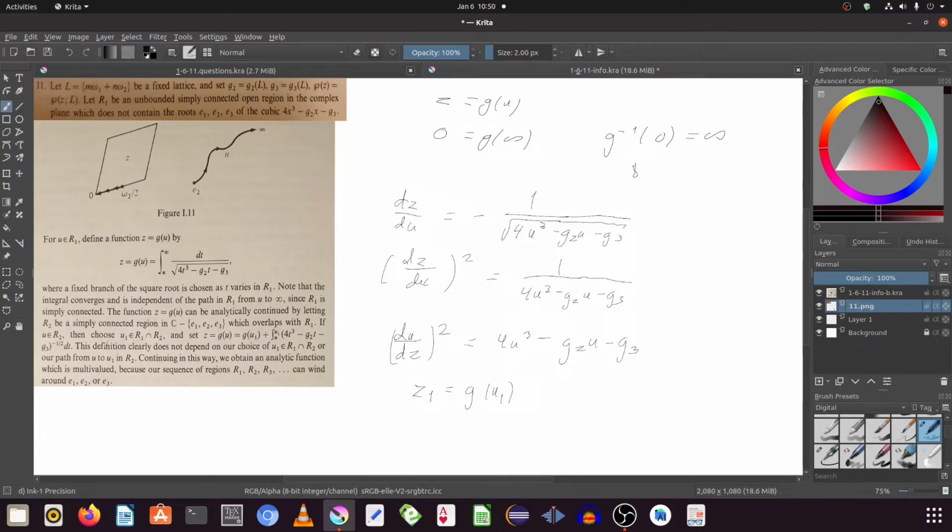Every lattice point is mapped to infinity.